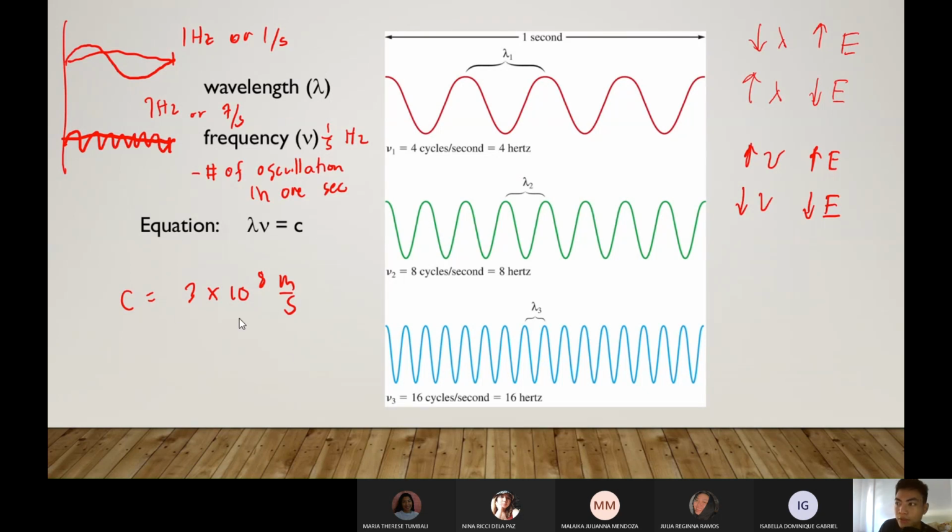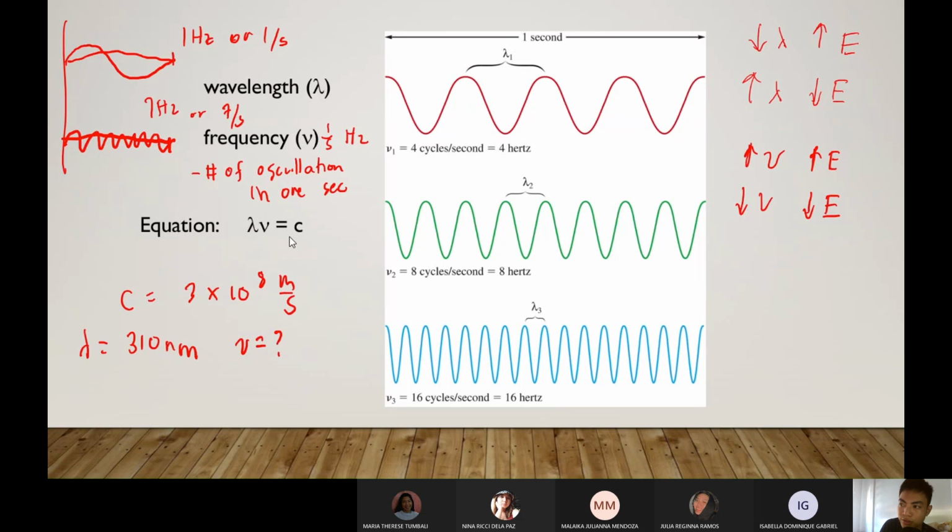So for example, if I have wavelength of 310 nanometers, what is the frequency? Kunwari, ito yung problem natin. If I have a wavelength equal to 310 nanometers, hanapin ko daw yung frequency. Kung paano ko gagawin yan, madali lang.